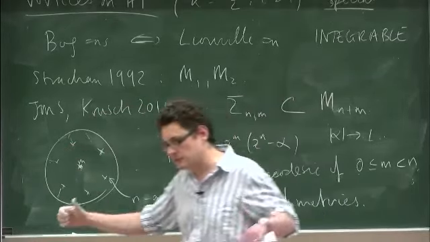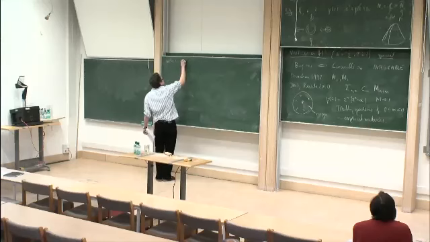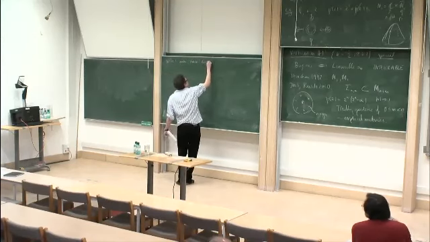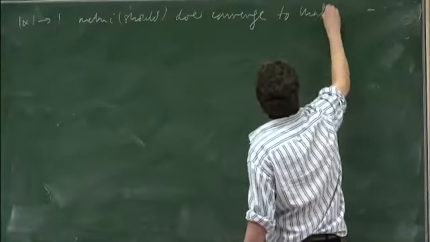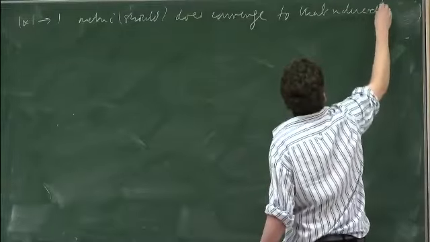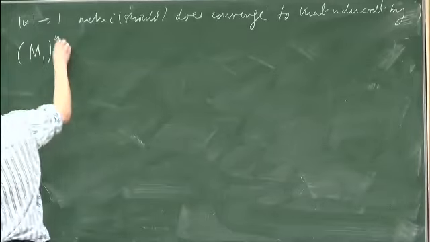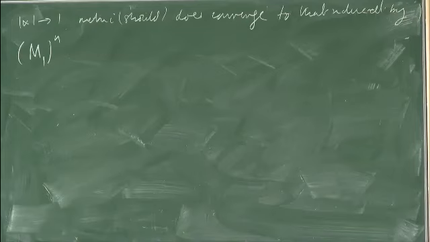Okay, so again, there's some notion that they should become non-interacting particles, and so as alpha goes to 1, the metric should, and in fact does, converge to the induced metric by M1 to the n. Okay, so you can compute the length of the curve. Forget about this one. Just think about this thing as n independent vortices moving in M1.